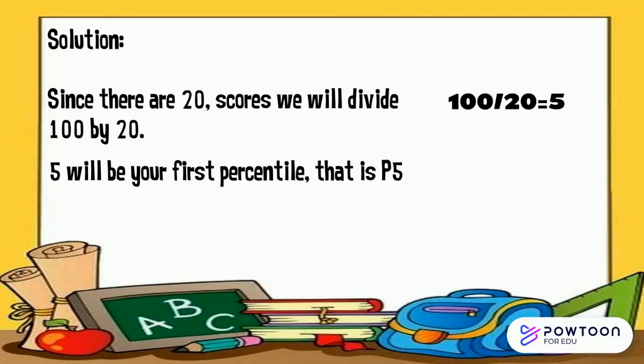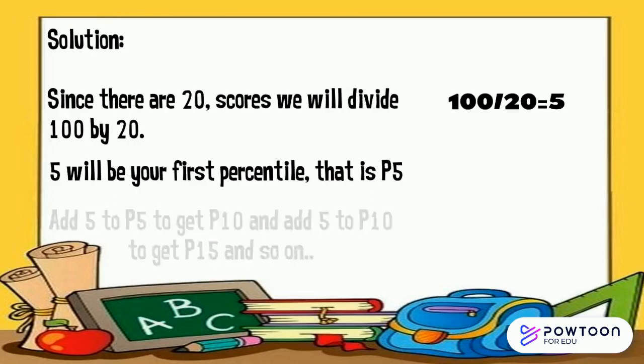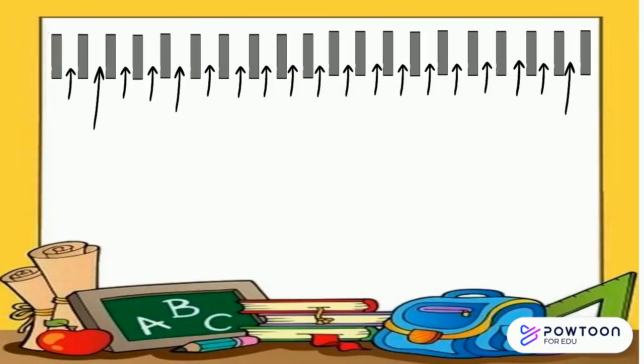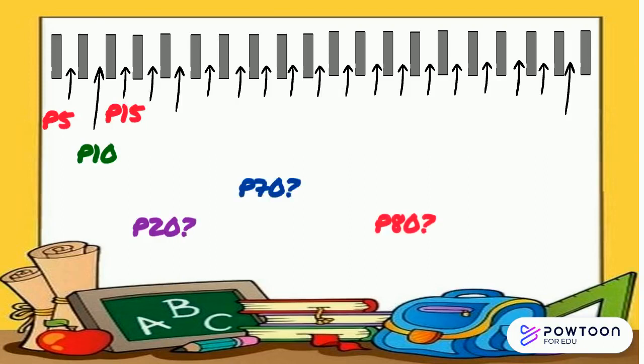To get the next percentile, we have to add 5 to P5 to get P10 and add 5 to P10 to get P15, and so on. The illustration shows the positions of P5, P10, and P15. Now, what would be the position of P20, P70, and P80?